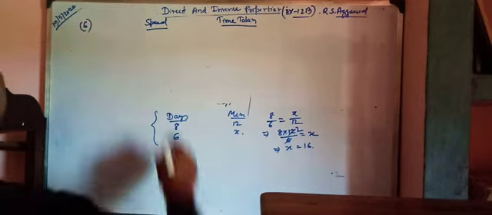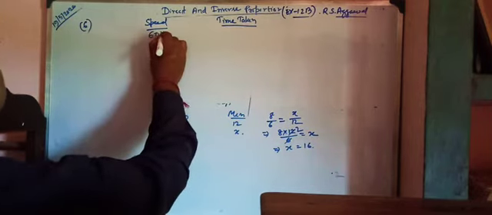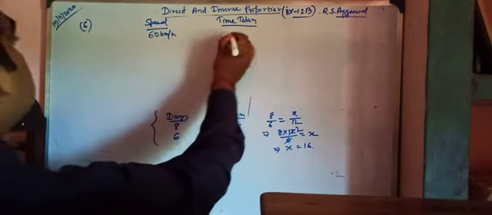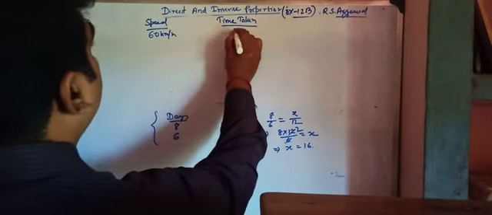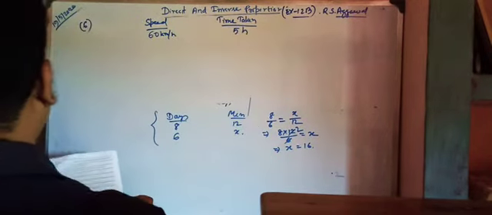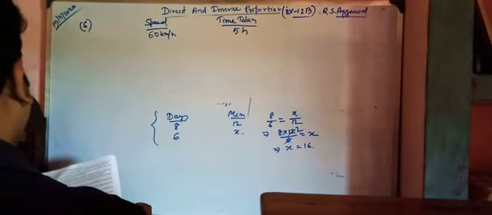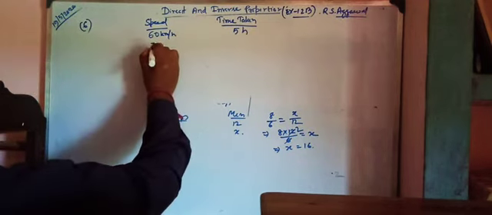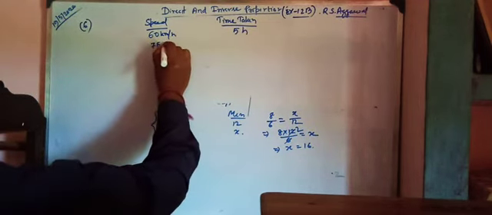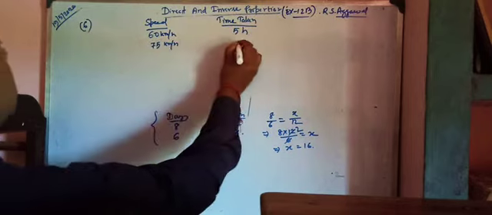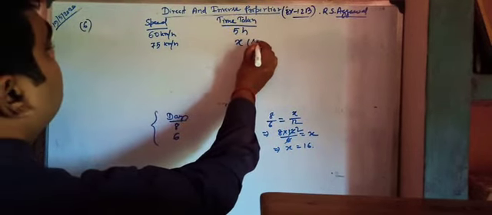Speed is equal to 60 km per hour, time taken 5 hours. Now when my speed is equal to 75 km per hour, let x hours be taken.